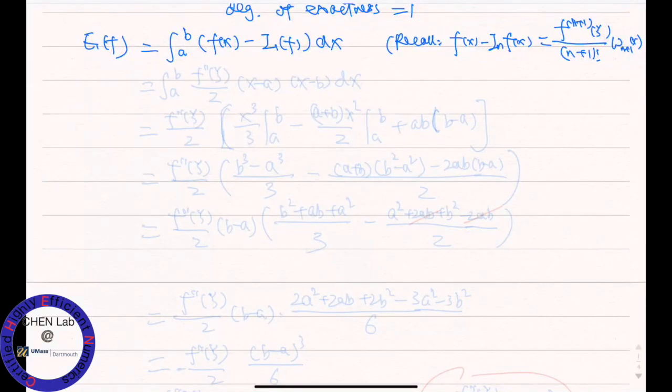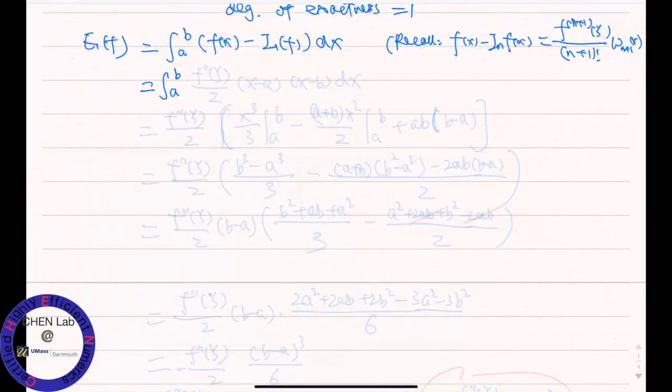So the error is 0 for a polynomial of degree n, which means if you are interpolating a polynomial of degree n by a polynomial of degree n, you can recover it. That's what we just explained. So by using this, we know we can derive this numerical integration error.